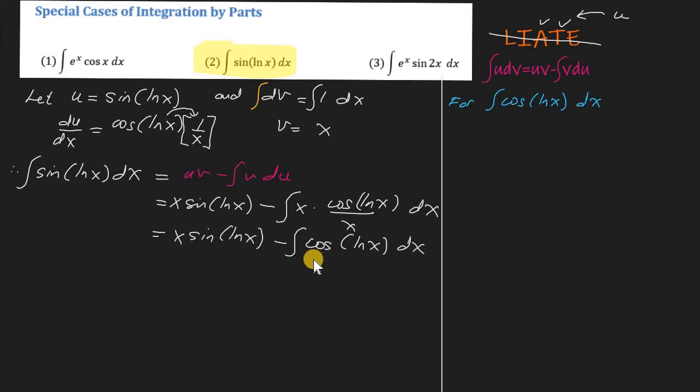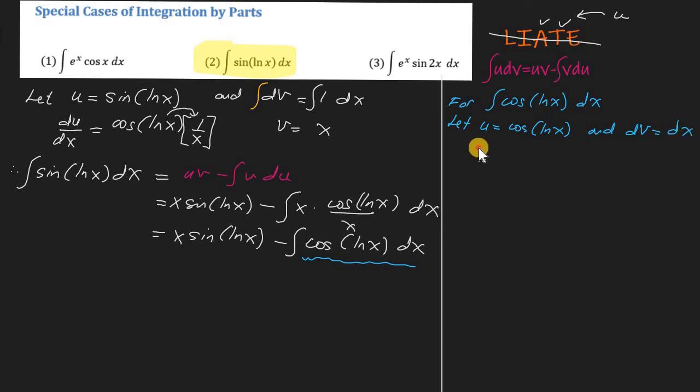If you can see, we still have this integral of cosine ln x. So we need to use IBP again. Let's choose the u to be cosine ln x and the dv to be the remaining dx.